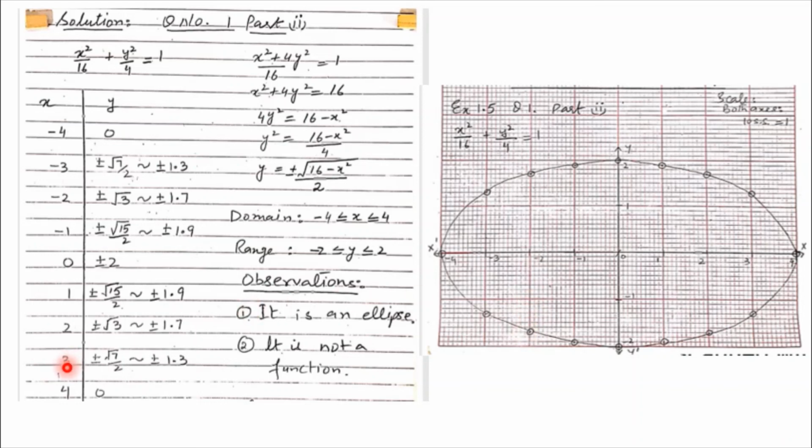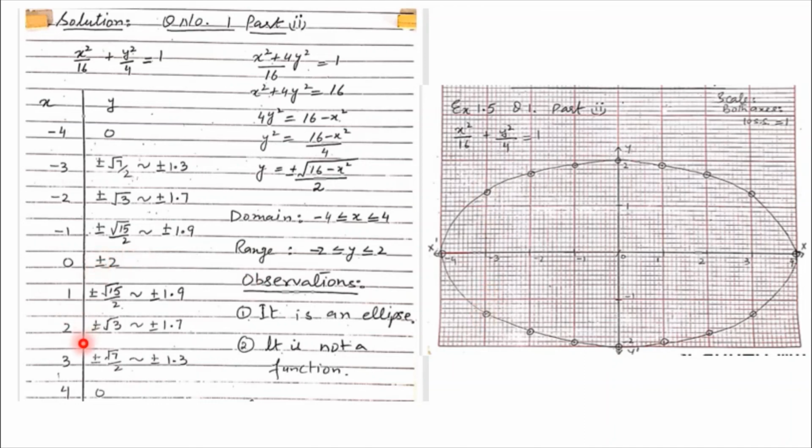Then at x equals 3 and x equals minus 3, the values are plus minus 1.3. So at x equals 3, this is 1, 3 more squares, 1.3. This is minus 1, 3 more squares, minus 1.3. At minus 3, this is 1, 3 more squares, 1.3. This is minus 1, 3 more squares, minus 1.3.